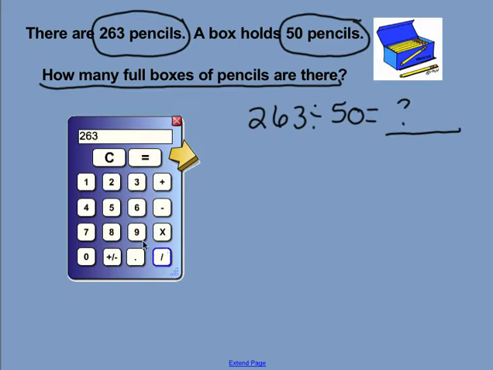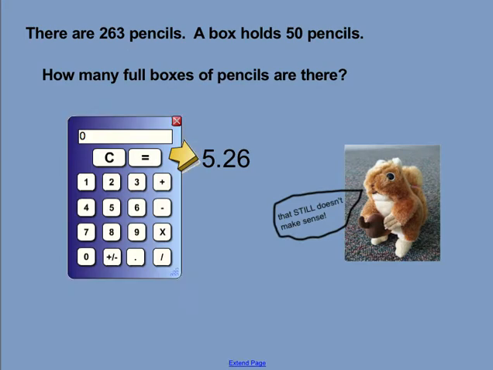Let's go ahead and use our calculator here again. 263 divided by 50. 5 and 26/100ths. Oh, Mr. Nutty, it still doesn't make sense to you? Oh, it's okay, we just learned about this. Let's talk about it again. You didn't break your calculator, don't worry. Remember that we're trying to find 263 pencils split into equal groups of 50, and we're trying to find the answer.